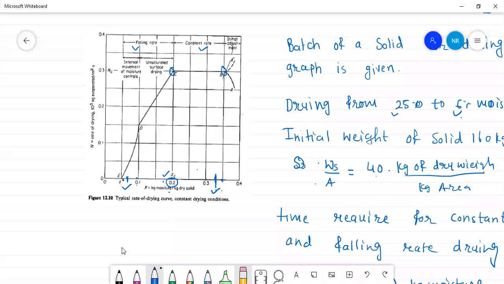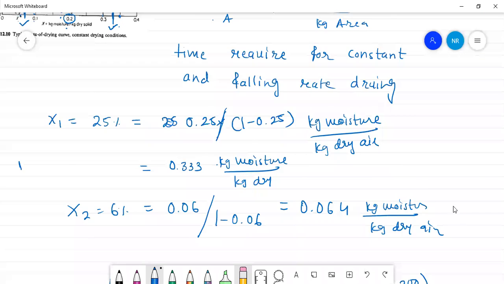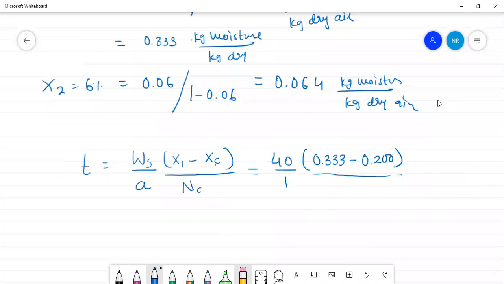Here we are drawing. What will be the value of Nc is here. Then here is the constant rate period. What is the value of N? That we have to put down here.